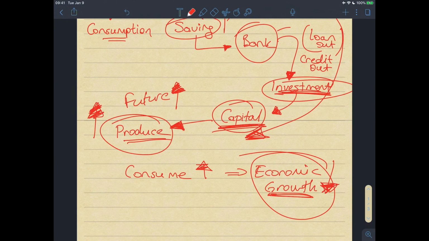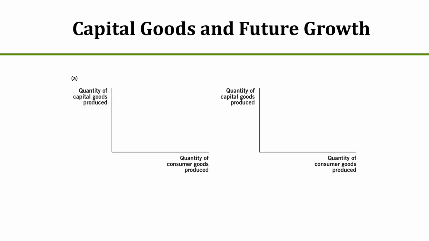Same thing applies. Now let's turn back to our slides and try to understand what's going to happen. In these two parts of the graphic, on the left hand side we have the short run production possibilities frontier. On the right hand side we have the long run production possibilities frontier. So what do short run and long run mean?